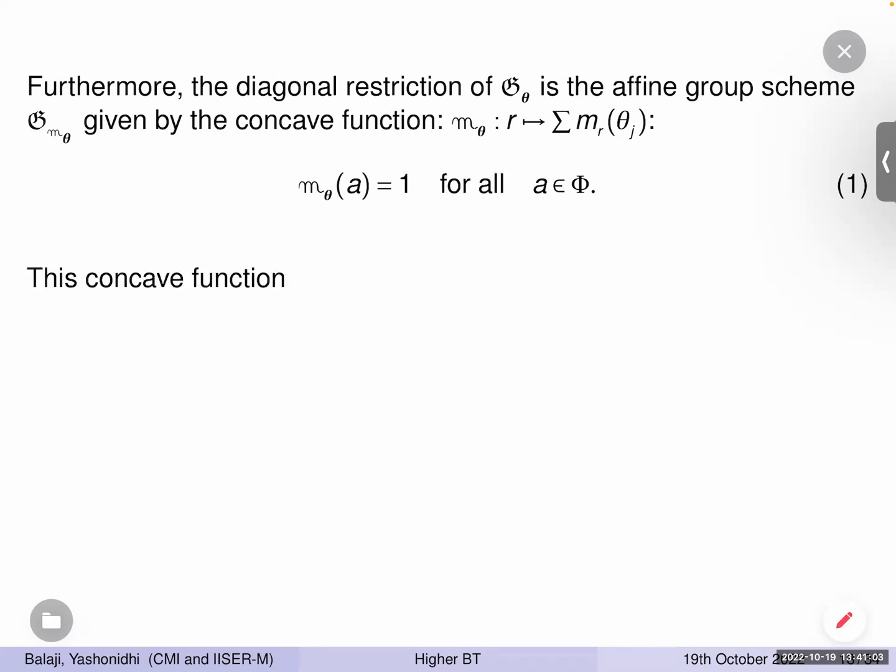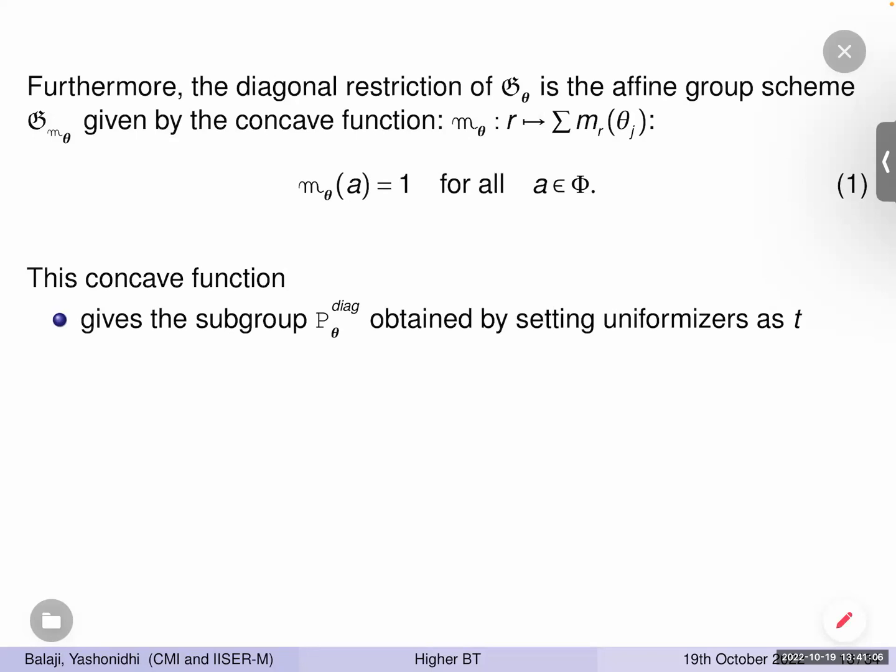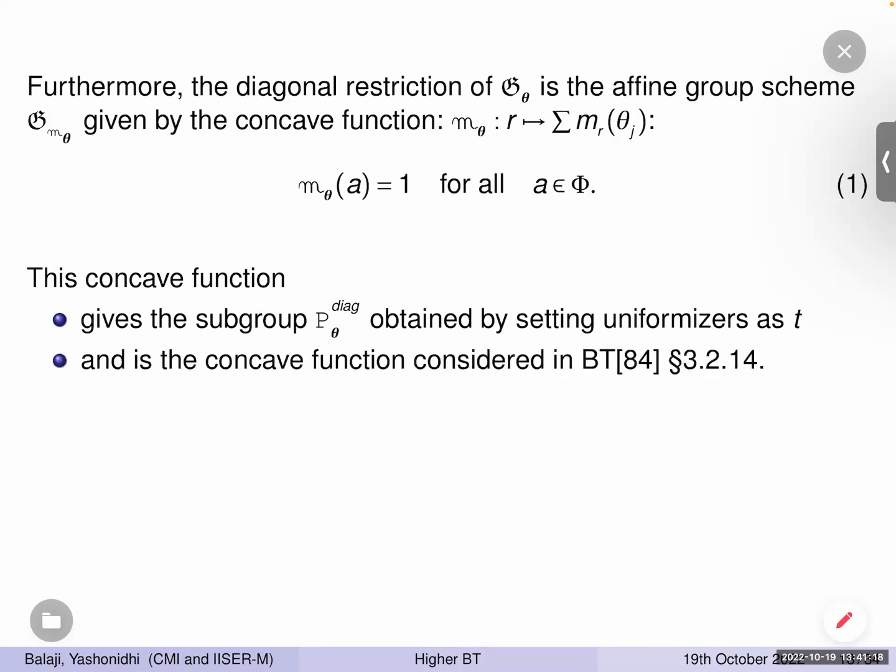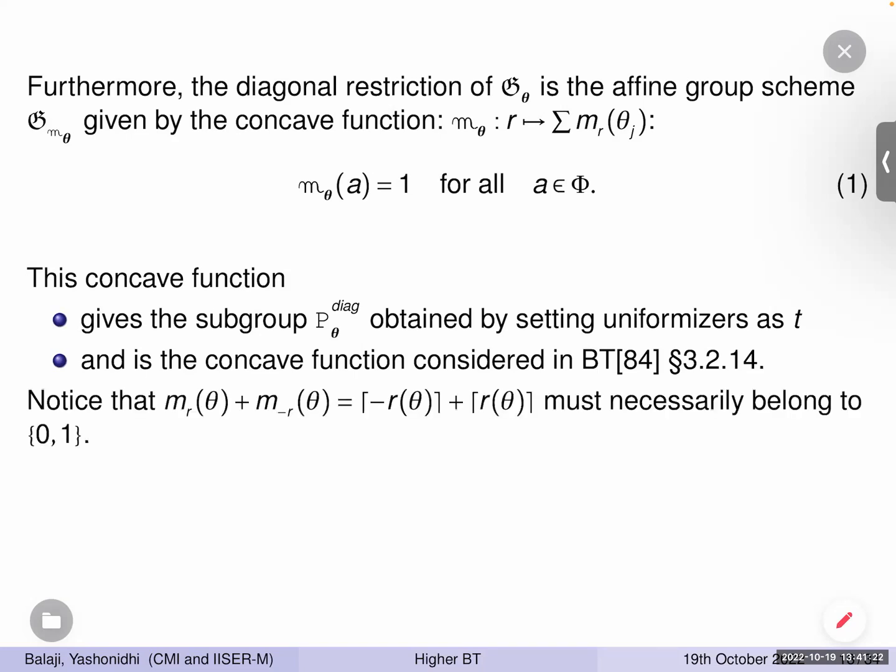This concave function gives the subgroup P_diagonal theta, which is obtained by setting the two uniformizers c and eta as the same as t, and is the concave function considered in 3.2.14 of Bruhat-Tits. Now, here's a very simple observation. Notice that m_r theta plus m_{-r} theta is the sum of two ceiling functions, and it must necessarily belong to the set {0, 1}.